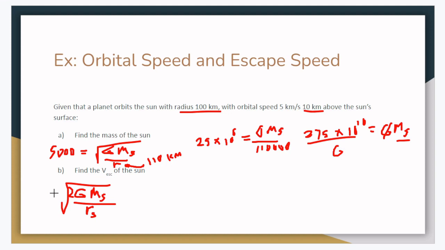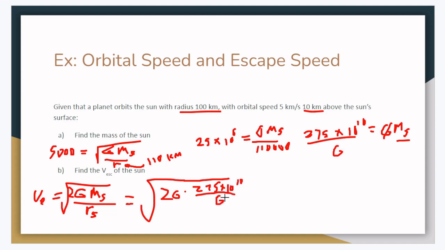And then that's equal to the escape speed. And then that would equal what? Root 2G times, we found the mass of the sun over there, which was 275 times 10 to the 10 over G, and happily the G's cancel out, and then the radius of the sun, which was 10 to the 5th.